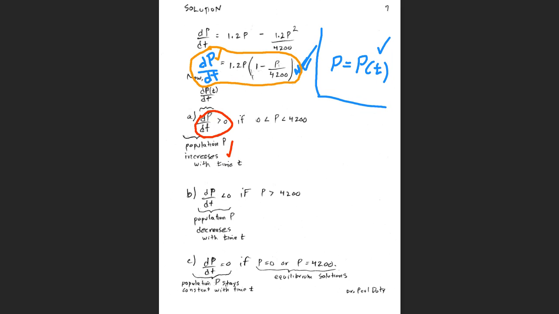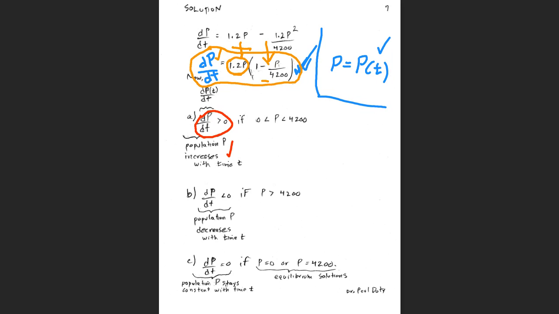The derivative here is, again, the product of these two factors, 1.2 times p and 1 minus p over 4,200. Now, 1.2 times p, that factor is always positive, right? That factor is always positive, because how can you have a negative population, right? So whether the derivative is positive or negative depends on the sign of this second factor, 1 minus p over 4,200.